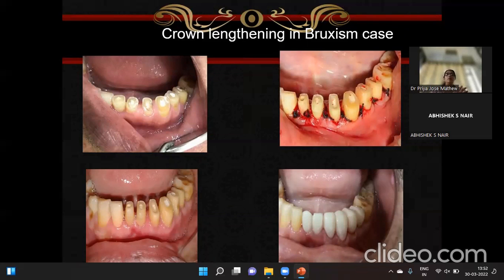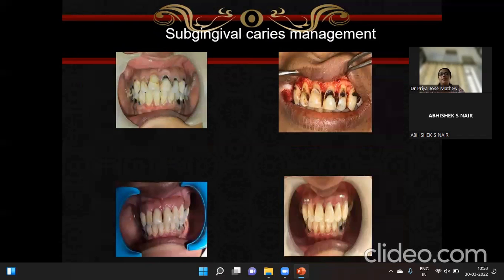Now, the third picture is after the healing. That is, I have waited for 1 month, and this is after the healing. Then we have given a temporary provisional restoration for the healing period. That is, they say it is 3 to 6 months. So we have given a temporary provisional restoration, and after that we have given a permanent prosthetic restoration.